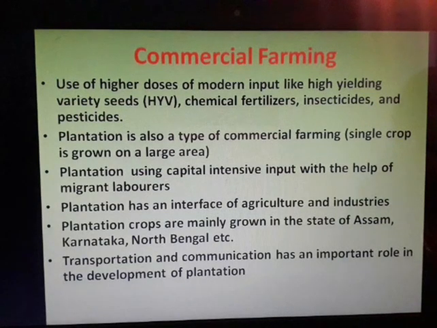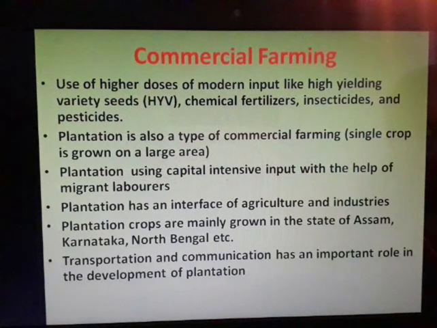Plantation is also a type of commercial farming. What are plantations? Plantations are large pieces of land taken for the cultivation of a single crop, for example, tea estates. Plantations use capital intensive inputs like machinery and fertilizers, etc.